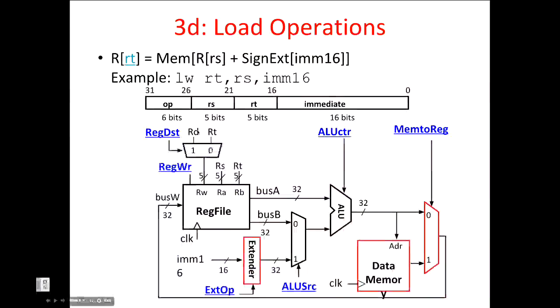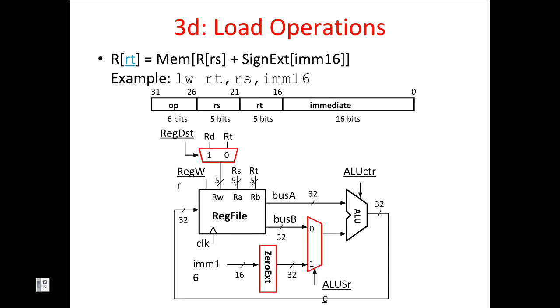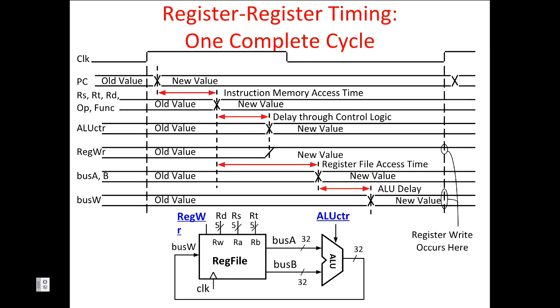So this reg dest right here, it will have to be 0. We don't have an RD value at all in the case of an I-type. So whenever we have an I-type, reg dest will always point to RT. We need reg dest to be a 1 for the case we looked at here.